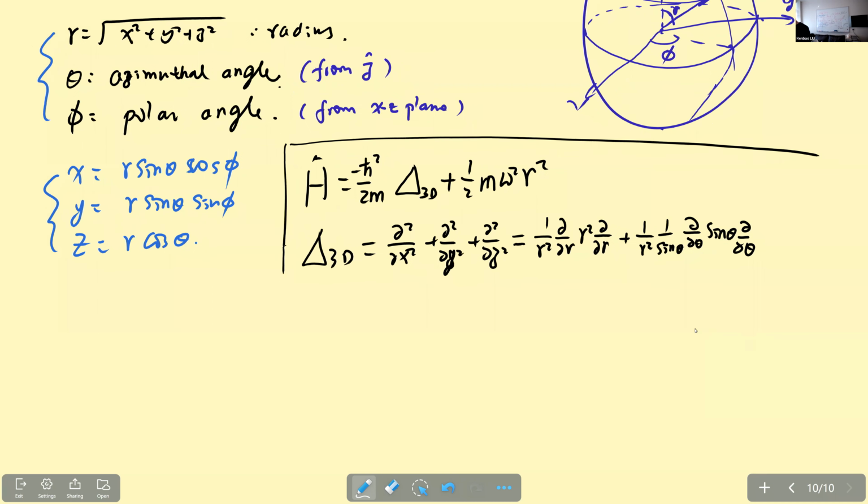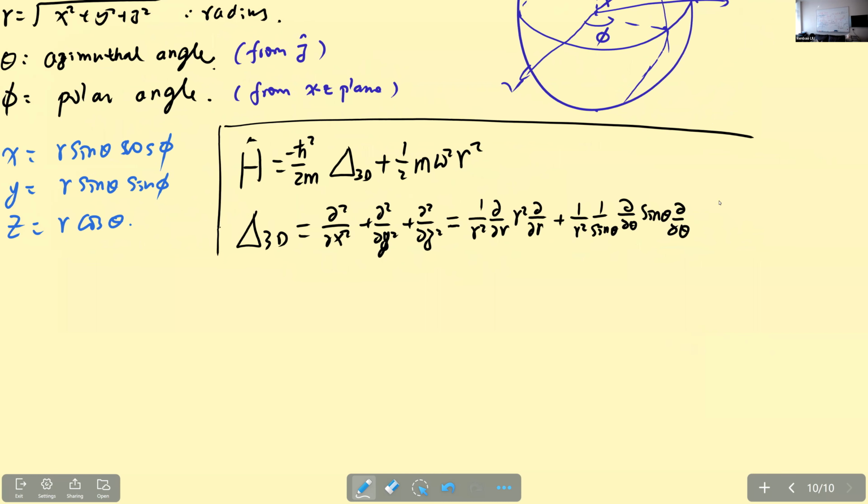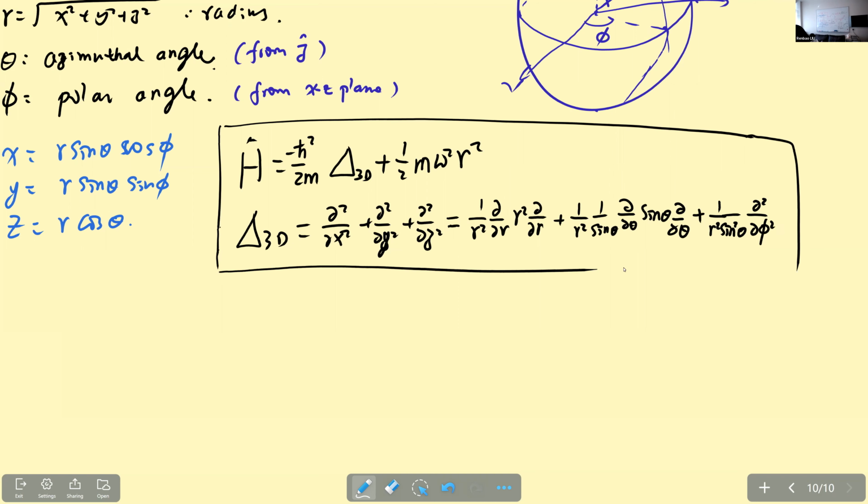You have one more term, that's the polar part. Okay. Right. So this is the Hamiltonian and the Laplacian in the spherical coordinates.